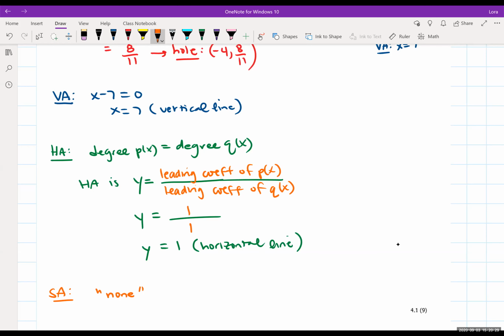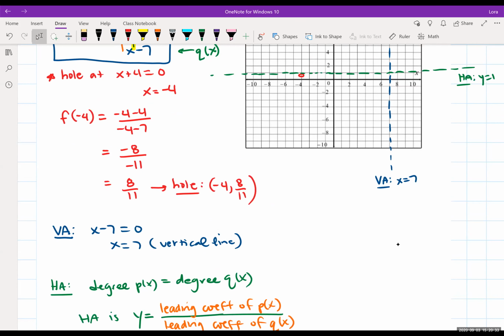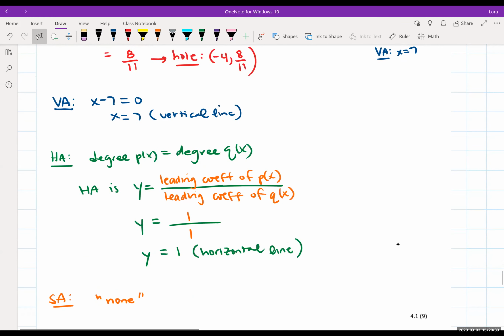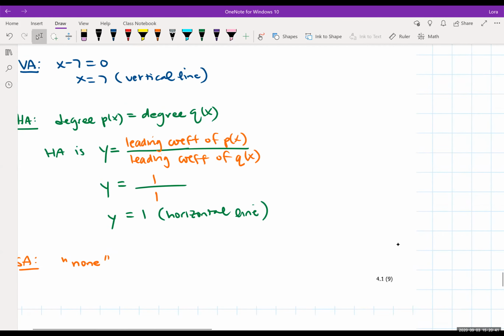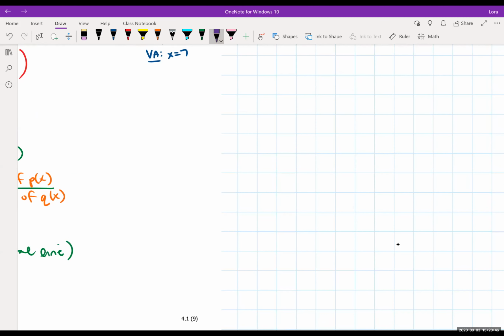So let's take a look. What I would want to do at this point for myself is find the intercepts. And so let's go through that. I'll take it off to the side like I did in the past. If I'm looking for the intercepts, what I can do is start off with the x-intercept.